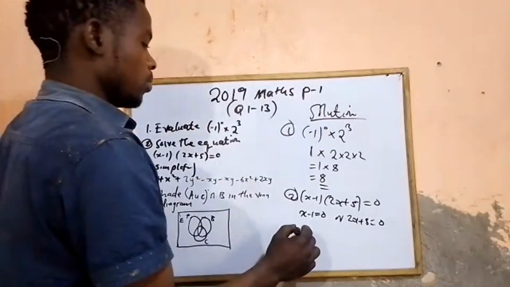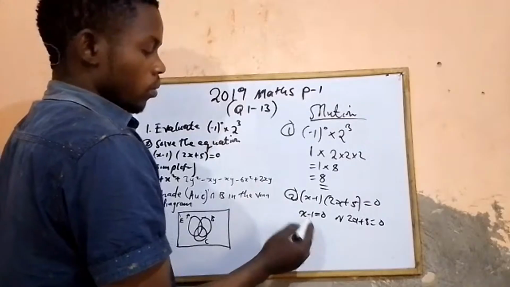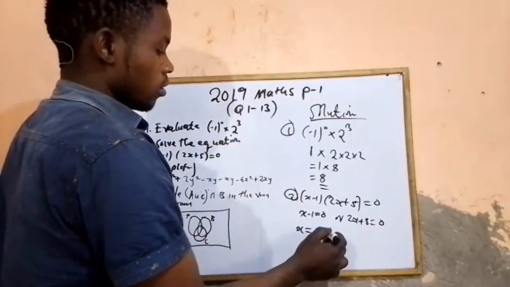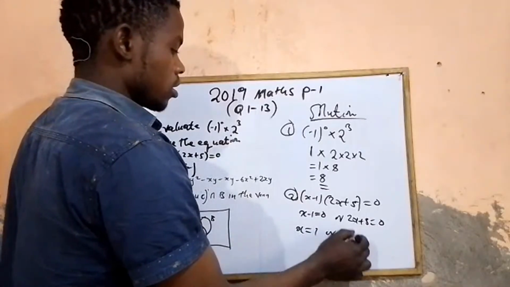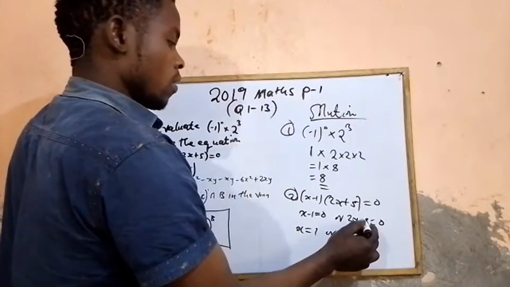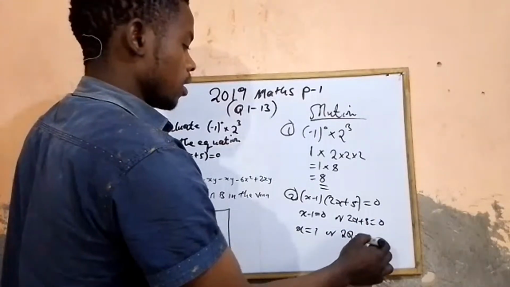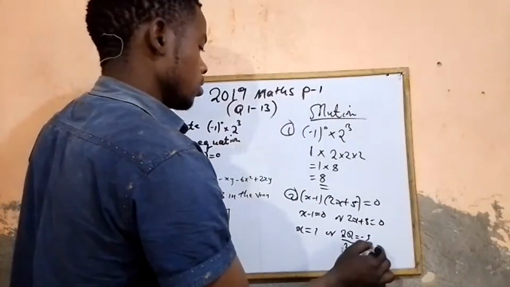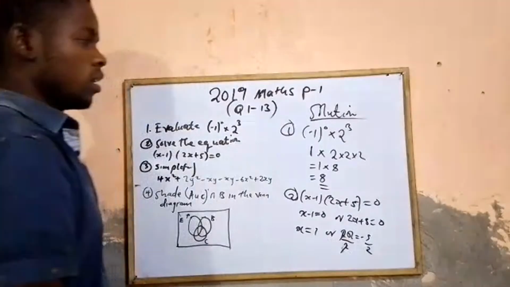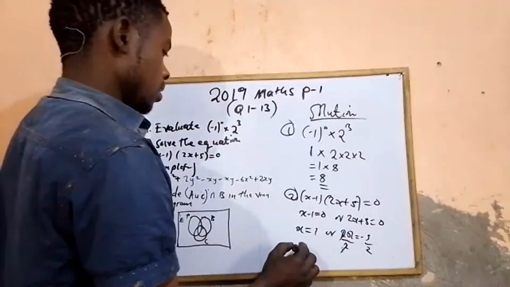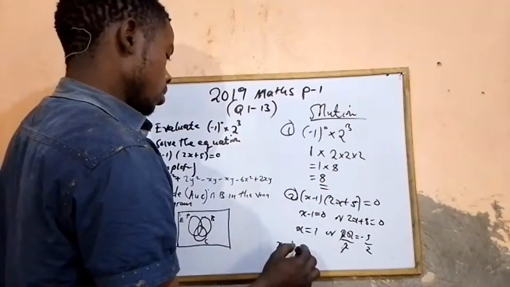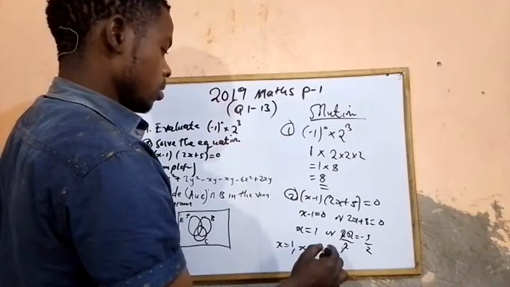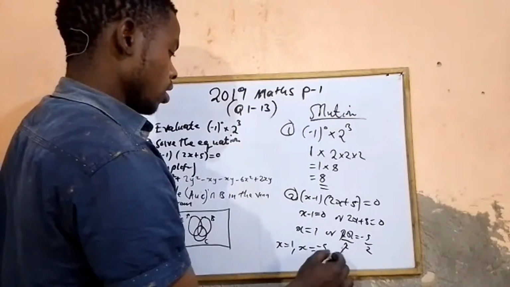So when minus 1 crosses the equal sign it becomes positive, so x is 1, or 2x equals, when 5 crosses the equal sign it becomes minus 5, then you divide throughout by 2, in which x is 1, comma, x equals minus 5 over 2.